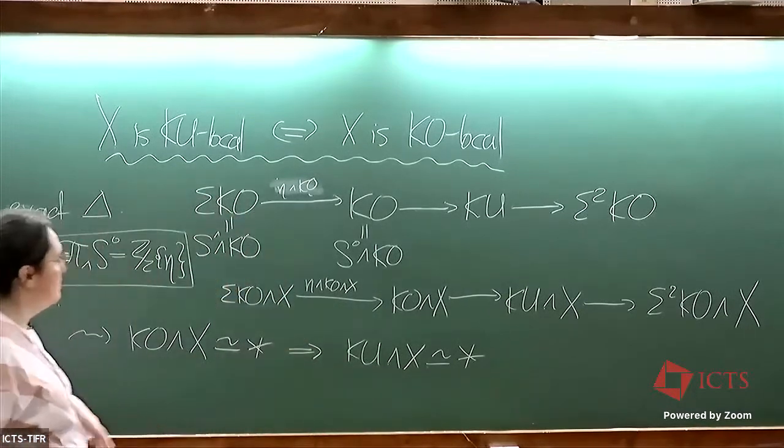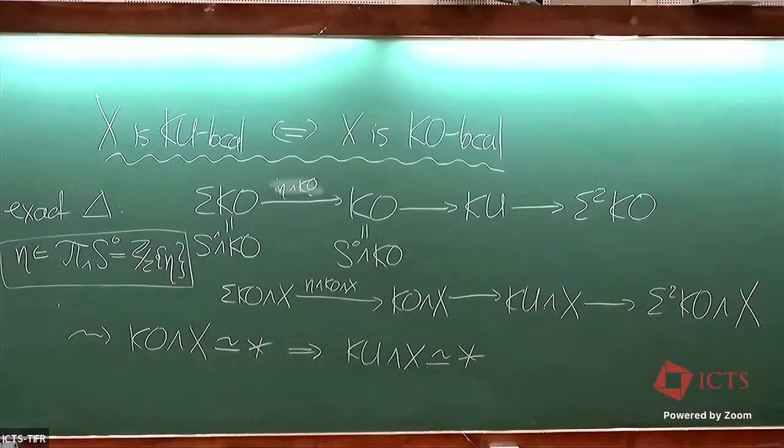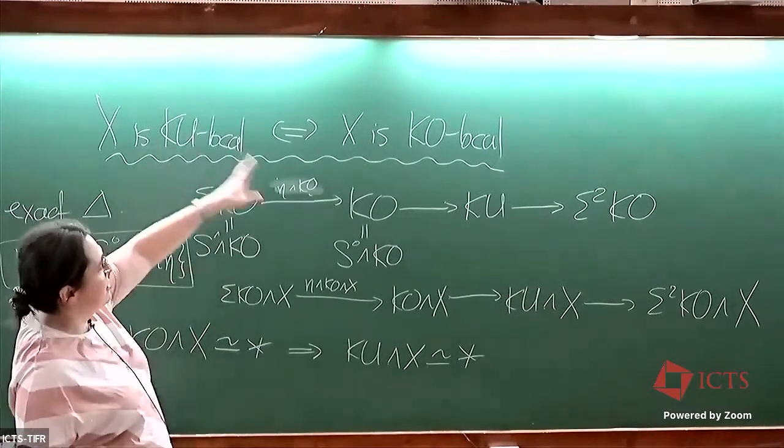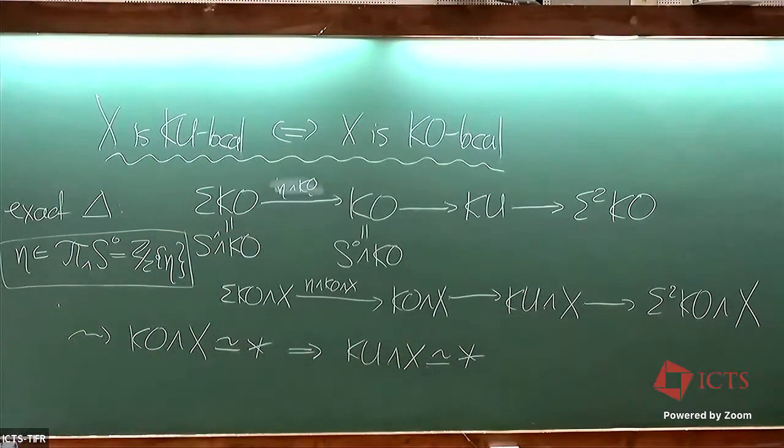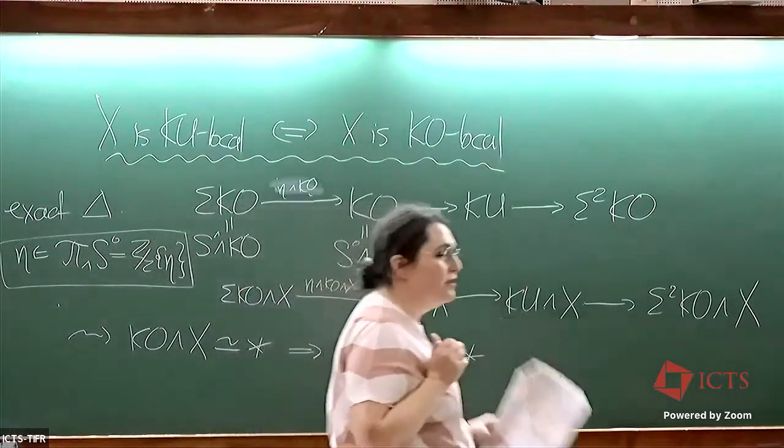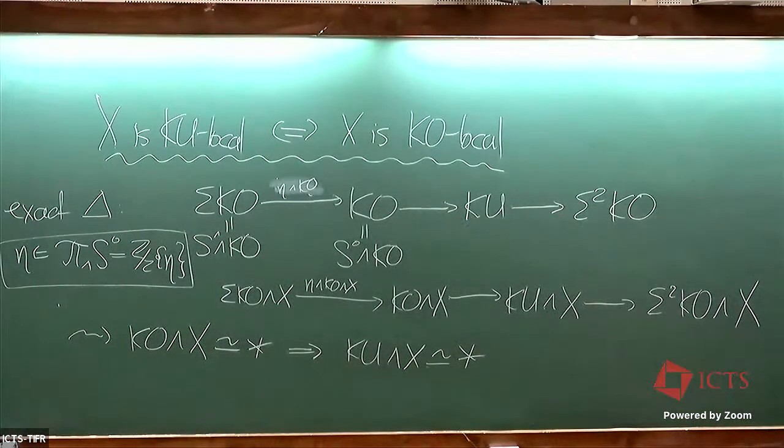So that's good, but we would like to have an equivalence so that we can also say that they have the same localizations. Well, how much do you remember about stable homotopy groups of spheres?